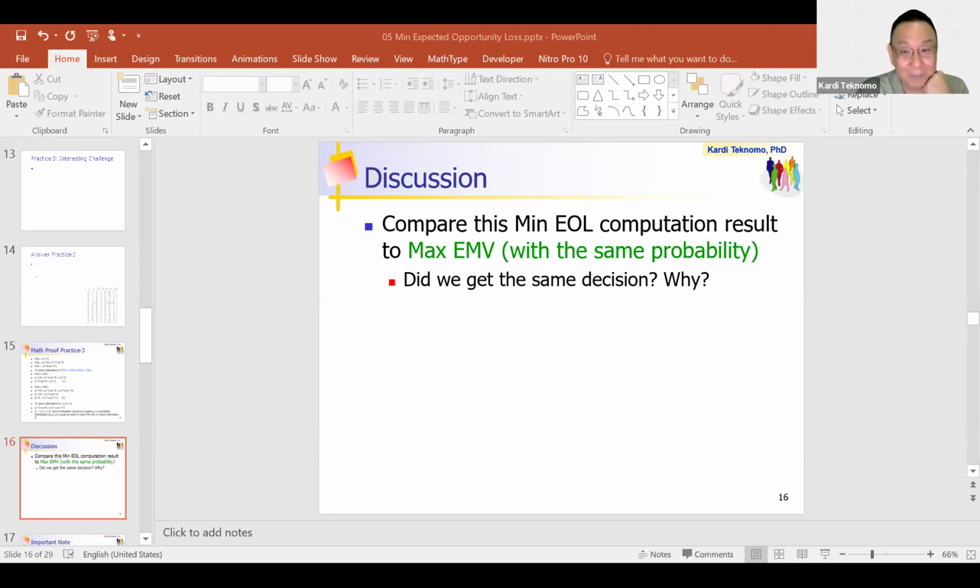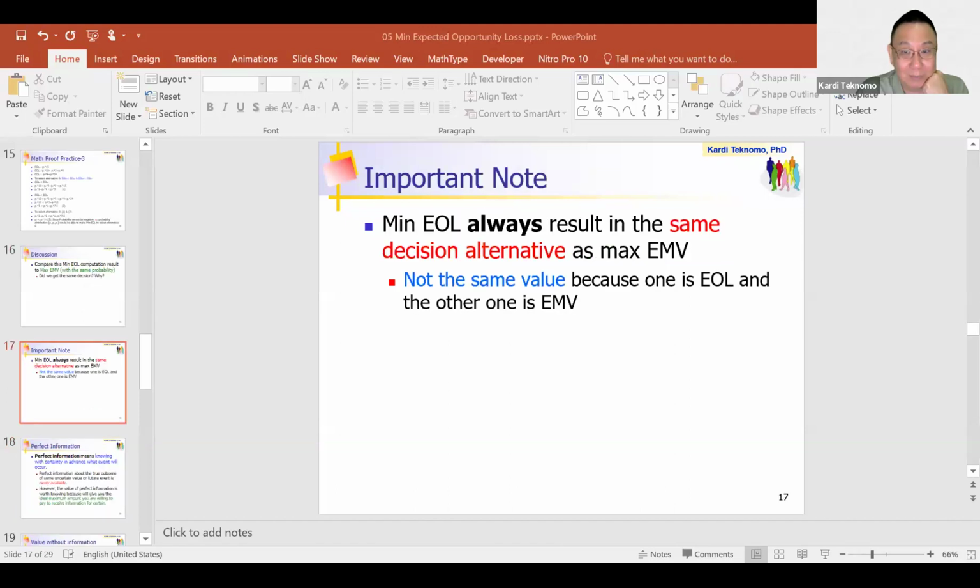You can try. Minimum AOL always produces the same decision alternative as the maximum EMV. Of course, the value is not the same, because one is EMV and the other is regret, but the decision alternative will be exactly the same.